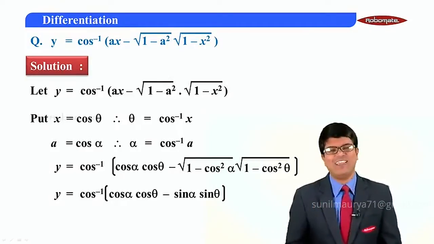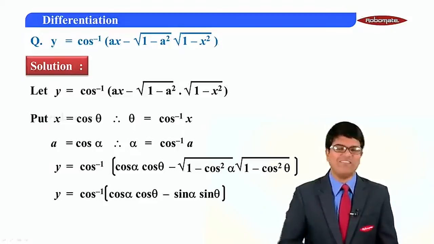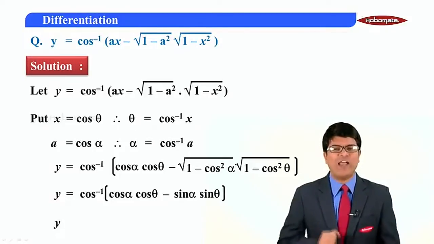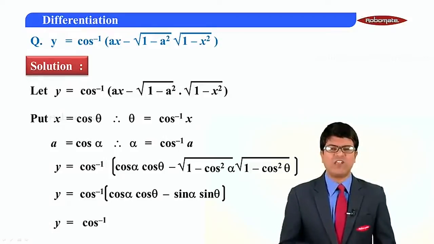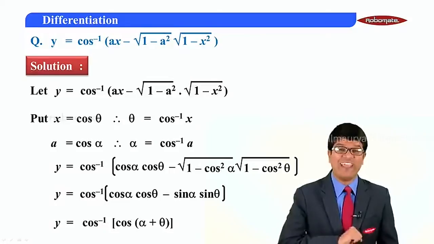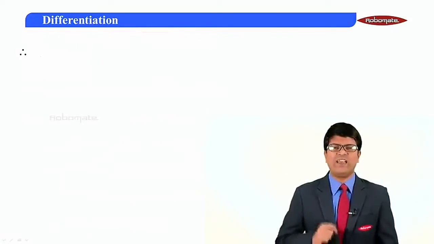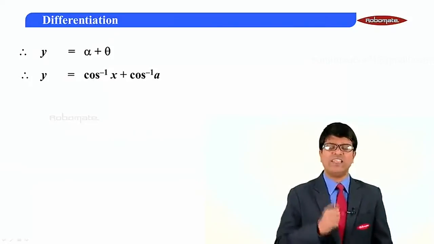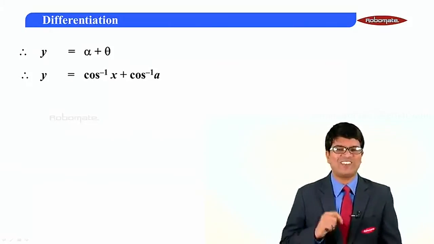Cos a cos b minus sin a sin b is nothing but cos of a plus b. So y will be cos inverse of cos of alpha plus theta. Cos inverse cos of x is x. So y will be alpha plus theta. What is alpha? Cos inverse x. What is theta? Cos inverse a.